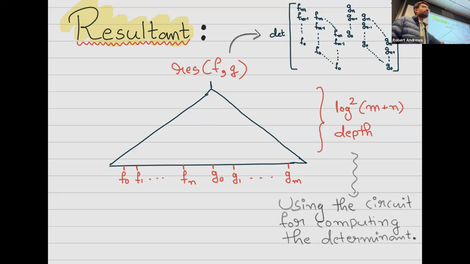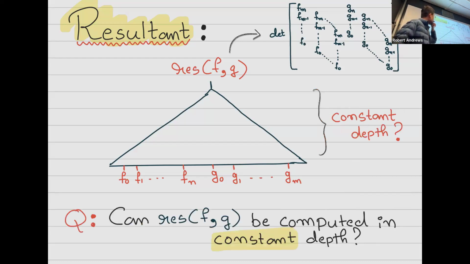But I want to shoot for something better. I want to shoot for constant depth. So what is it I'm not using here? Csanky's result applies to any matrix, but the matrix I have is quite special. So maybe for this particular matrix, I might have more properties to exploit and get a constant depth circuit. So the question we ask is, can I compute a constant depth circuit for this?